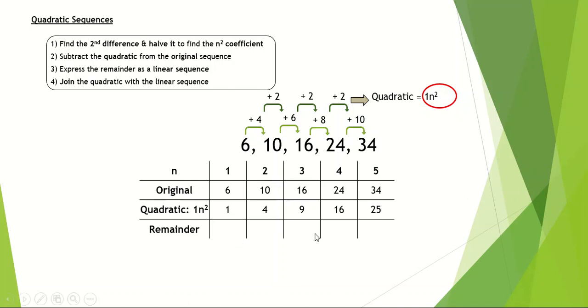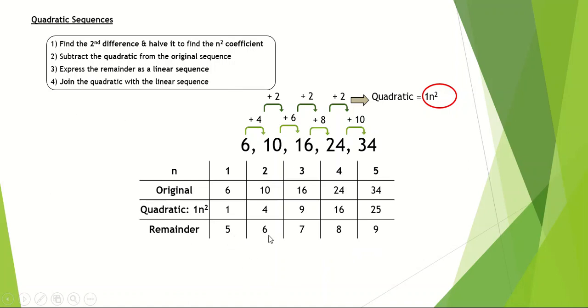Then, try to get the difference between 6 and 1. The difference between the original and the quadratic, since we need to subtract the quadratic from the original. Therefore, the difference will be 5, 6, 7, 8, 9.